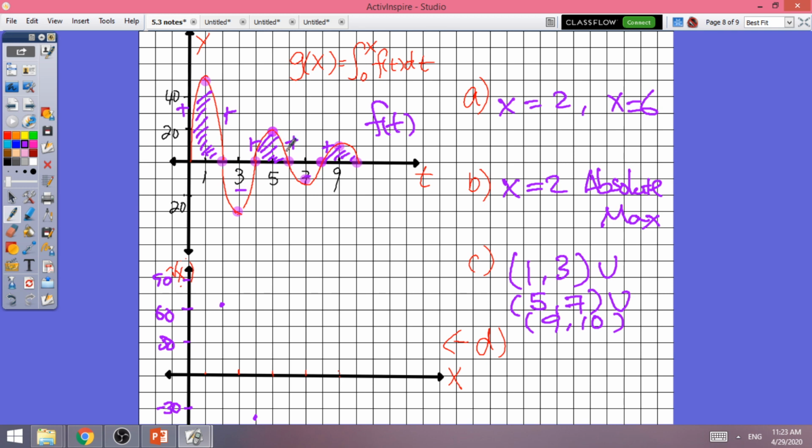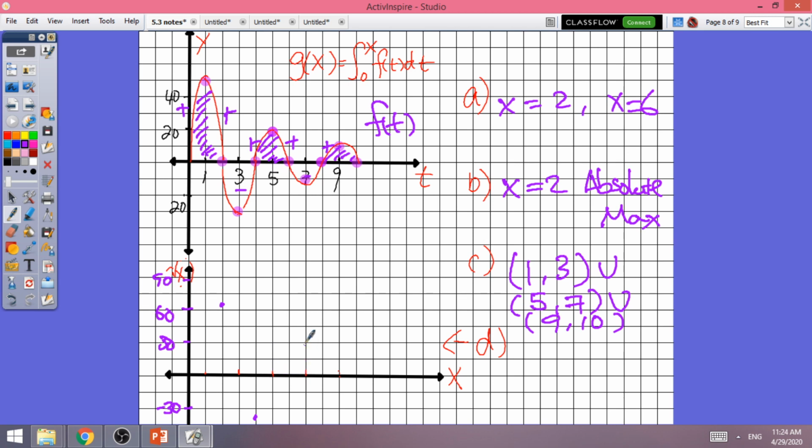Okay, so now what about the area from 4 to 6? Okay, let's count this. So 10. This one is probably about 8, 5. So we got 18, 5, 23, another 3. So 26.